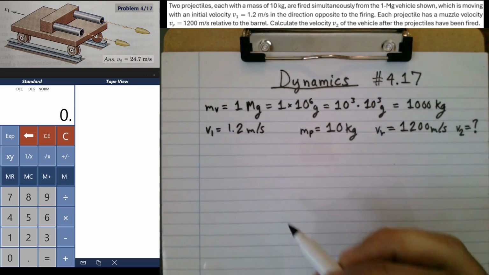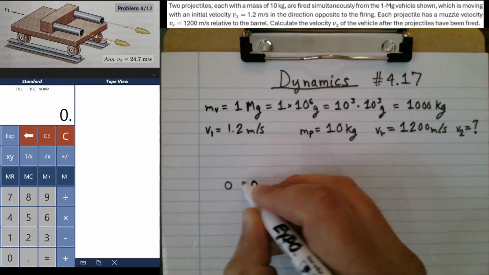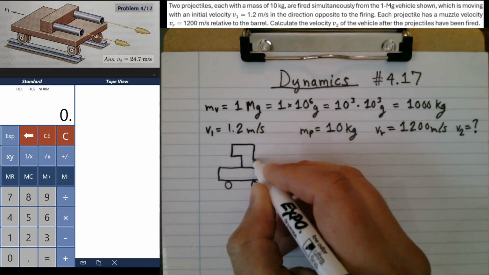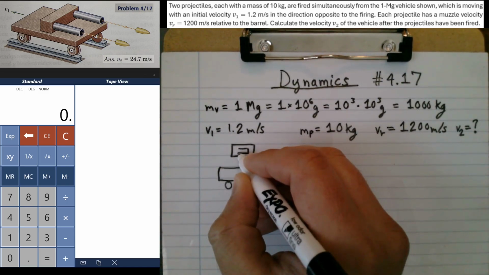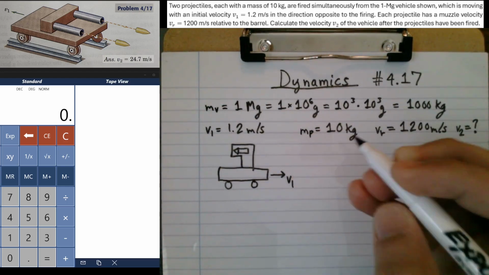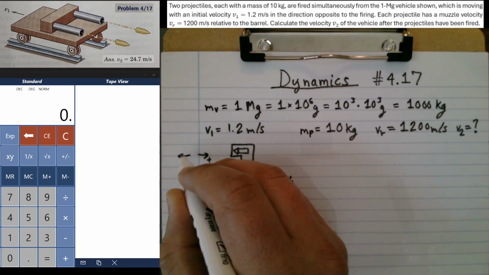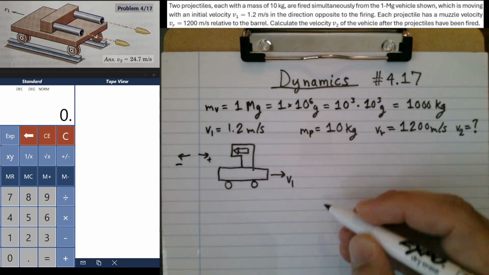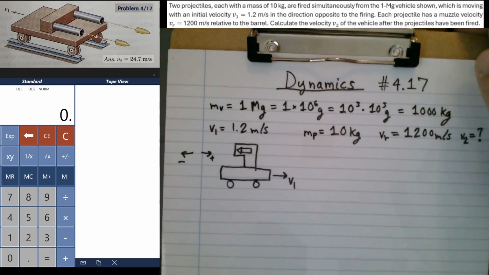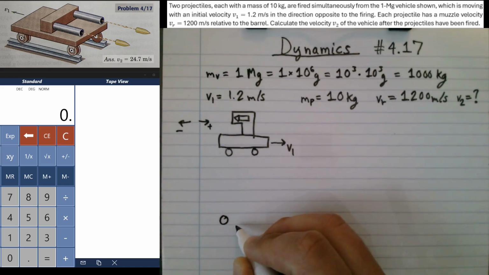Alright, now I'm going to draw a sketch of the vehicle before and after firing the projectile. So we have our vehicle here. It has projectiles loaded into it. It's moving with initial velocity v1. We're going to designate going to the right as being positive, going to the left as being negative. Then we have our sketch of the vehicle after it fires projectiles. So we have our vehicle down here.